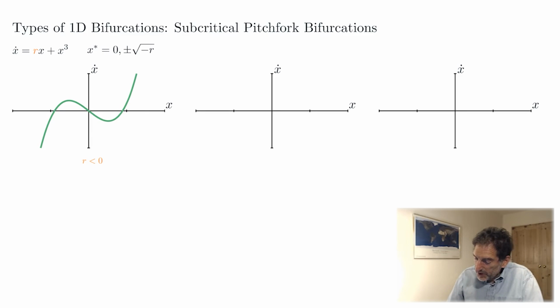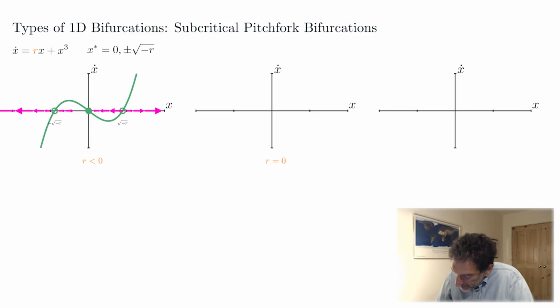And from the slopes at the fixed points, we can immediately infer that the fixed point at minus root minus r is unstable, the origin is a stable fixed point, and at plus the square root of minus r there is an unstable fixed point. So our flow diagram looks like this.